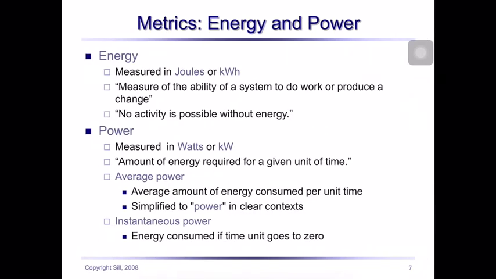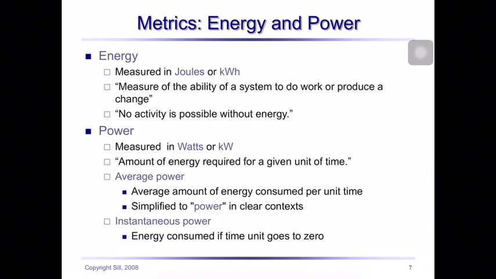So what are the key points of measuring power? So power can be defined as the amount of energy given for a unit of time, and it is usually measured in watts or kilowatts. Okay, so power can be categorized into two: either average power, which is the average amount of energy consumed per unit time, or instantaneous power, which is the energy consumed at a specific instant or when the time unit goes to zero.